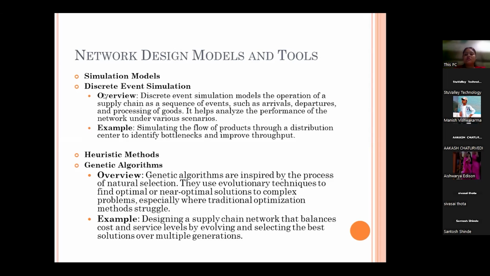Discrete event simulation models the operations of supply chains, where we have a sequence or series. When we use a simulation model, we must have the series of events, like in the supply chain, when the arrival will happen, when we go to departure, and the processing of goods.